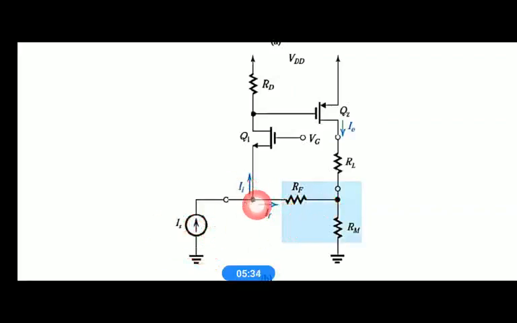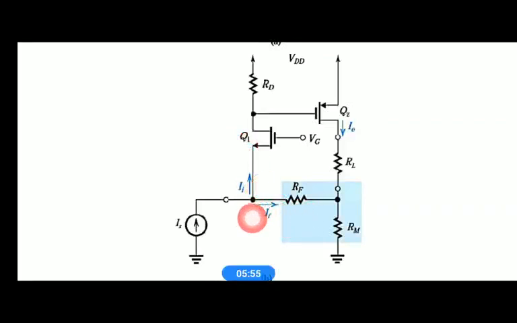Here the input to this amplifier is II, and the output current we are getting is I0. You can see IS is flowing at this point, and from this point two currents go.